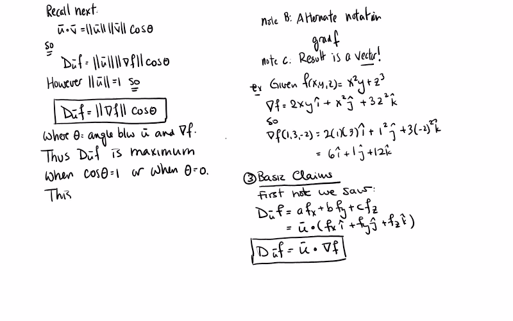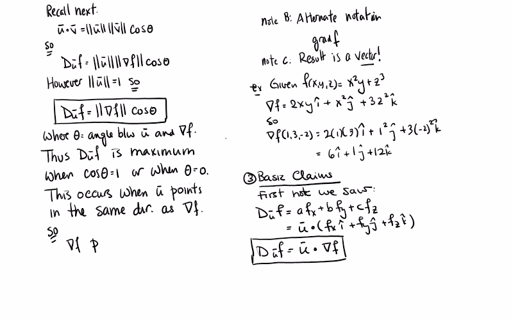So this occurs when u points in the same direction as the gradient. So what this says is that the gradient itself points in the direction of maximum increase, or maximum change of f.